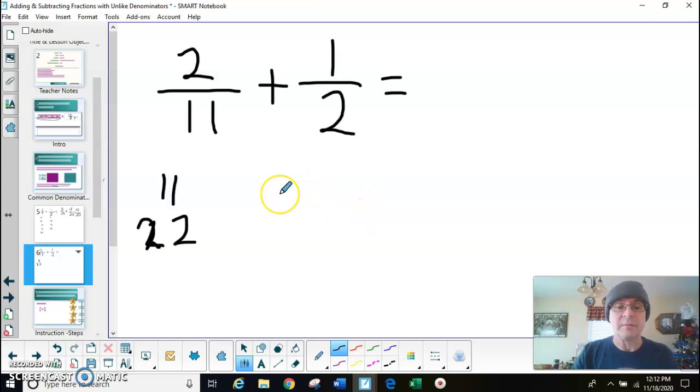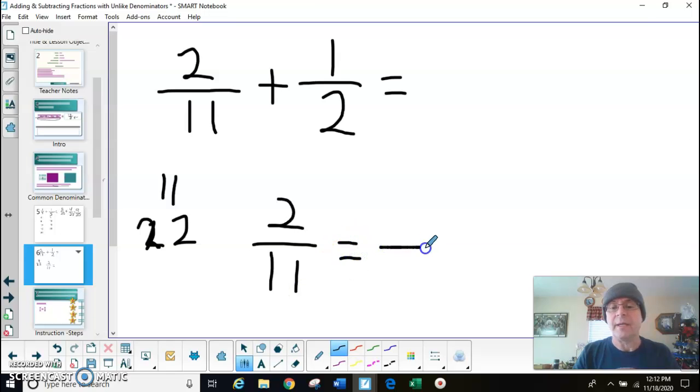So if we took 2/11ths and we said, what could a common denominator be? Well, we have 22. What times 11 is 22?